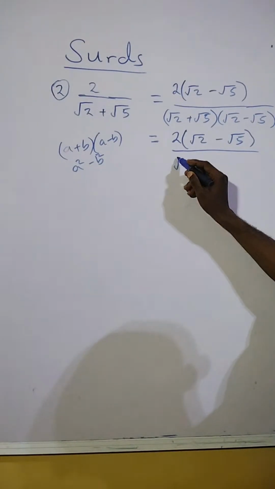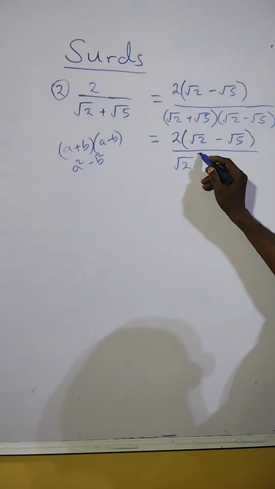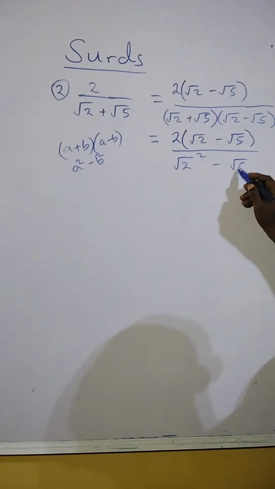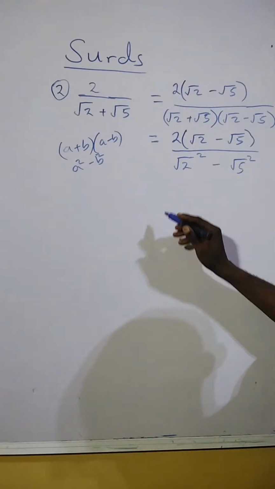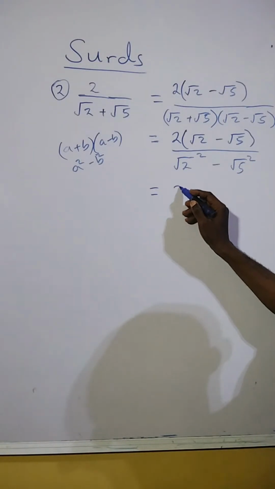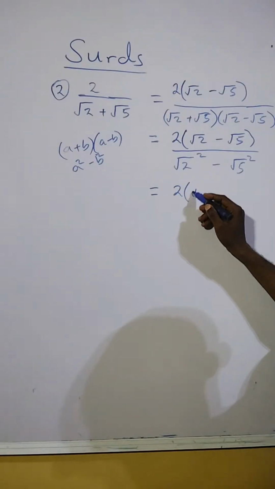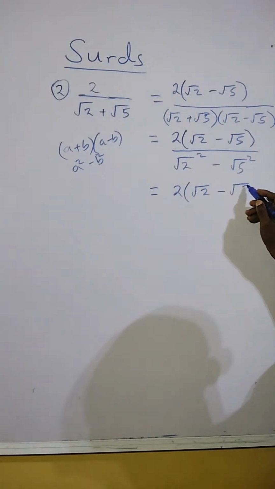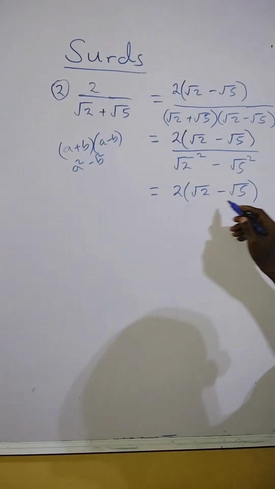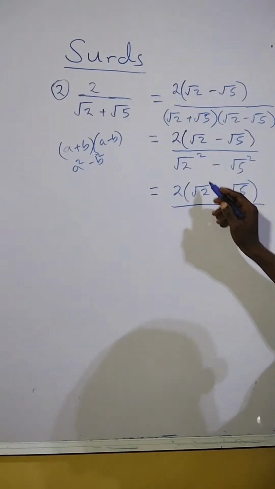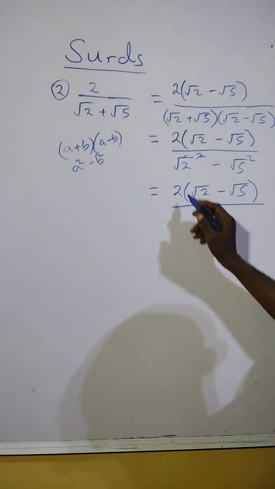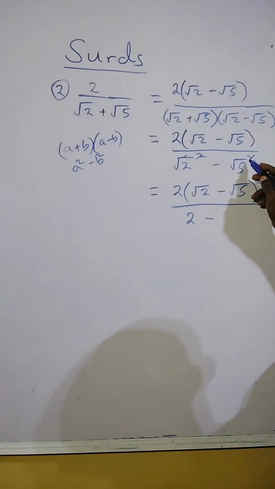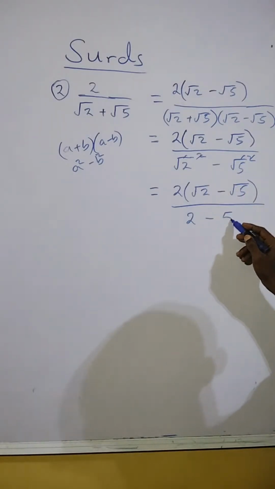And here we have root 2 square minus root 5 square. And here we have 2 times root 2 minus root 5, then divided by root 2 square. Square cancels square root, we have 2 minus also root 5 square. Square cancels square root, we have 5.